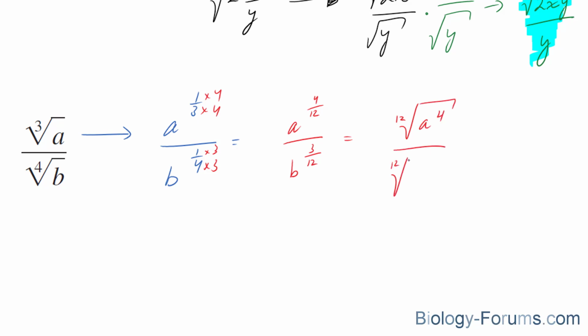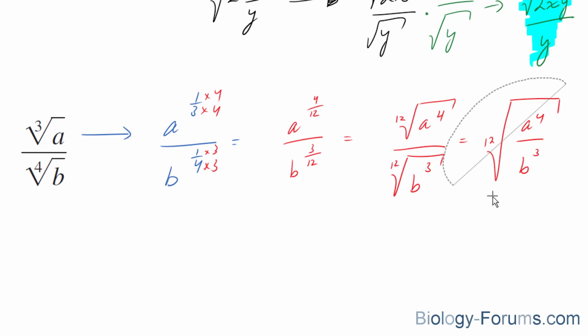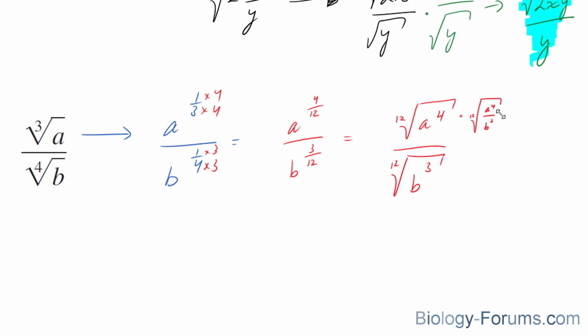And notice the indices are the same, which is wonderful, because we can house them underneath one big radical, a to the power of 4, and here we have b to the power of 3. And once again, you end up in a situation that's not fully ideal. I mean, looking back, let's just remove this for a second. Let's just place it over here. It's not really that important.